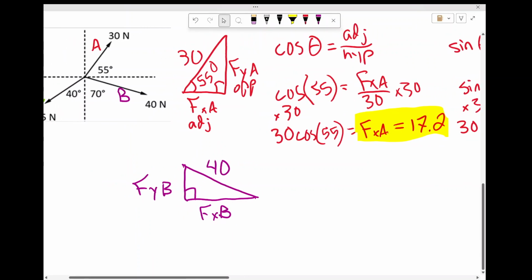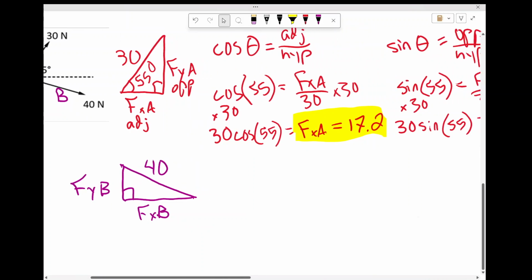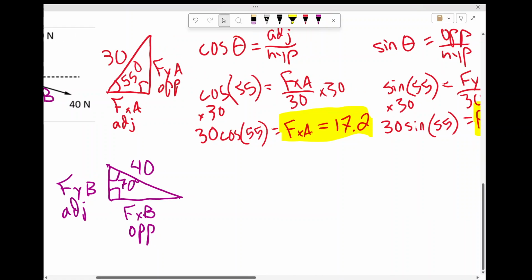This one's going to be slightly different because we're going to have to use different functions here for the two sides. Since this is our 70 degrees, Fxb is going to be the opposite and Fyb is going to be the adjacent. So be careful with which function you're choosing. I would recommend just writing opposite and adjacent on the different sides so that you don't mess it up.